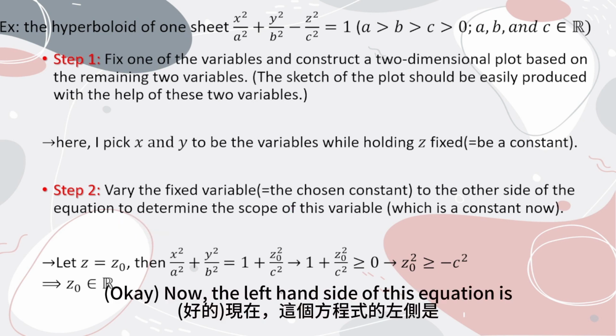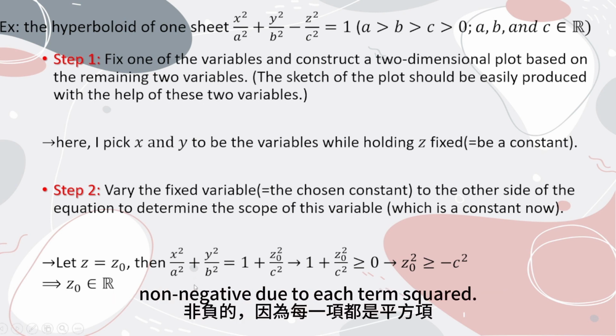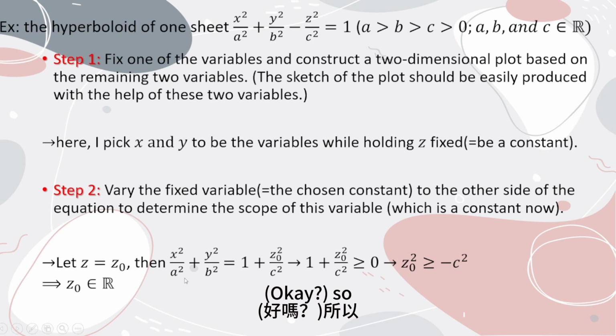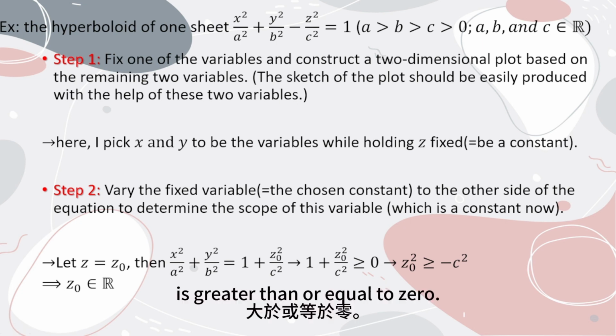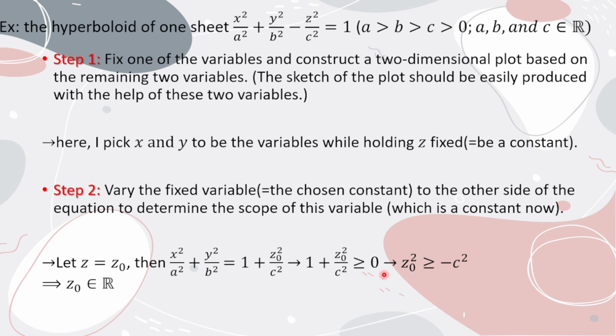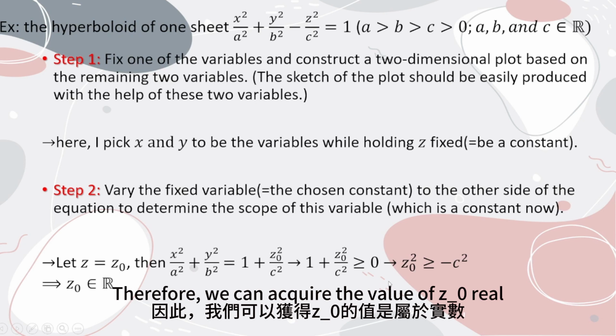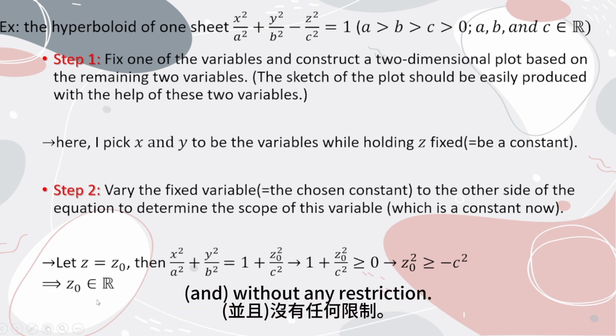Now the left hand side of this equation is non-negative, due to each term being squared. So 1 plus z sub 0 squared divided by c squared is greater than or equal to 0. Therefore, z sub 0 can take any real value without restriction.